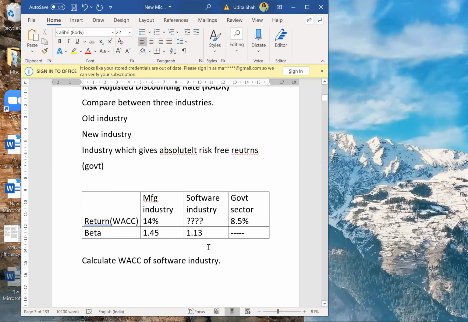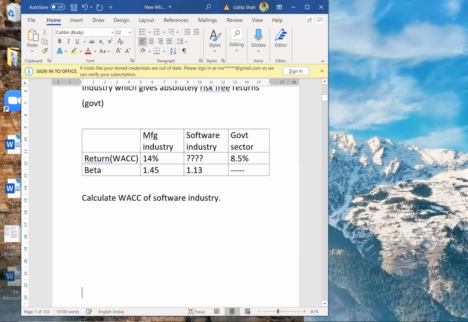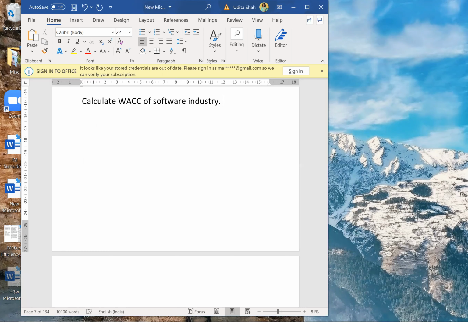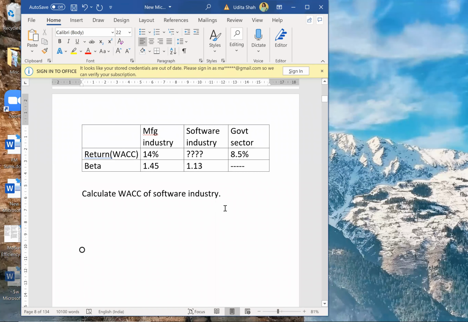So with this data, you can do it. I'll take it on the next page. Try this question: calculate WACC of software industry.